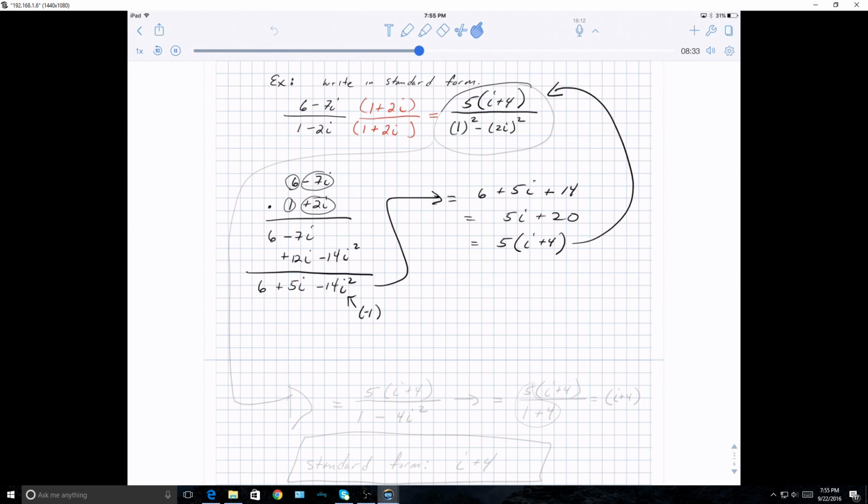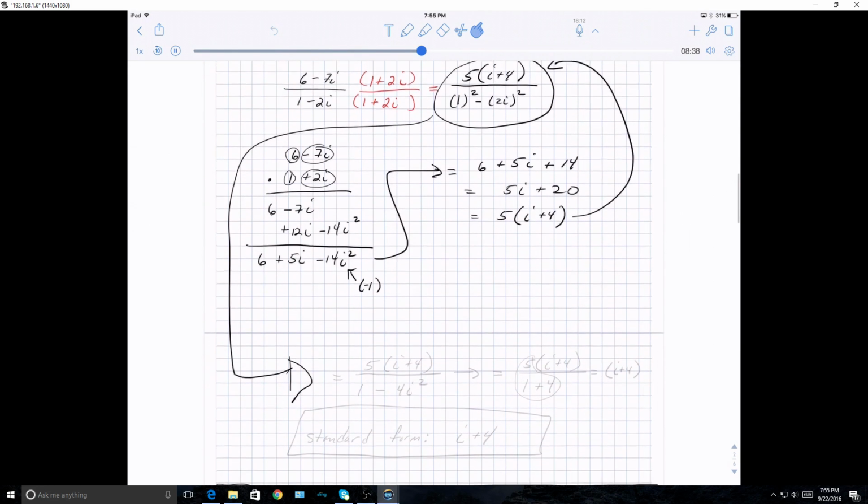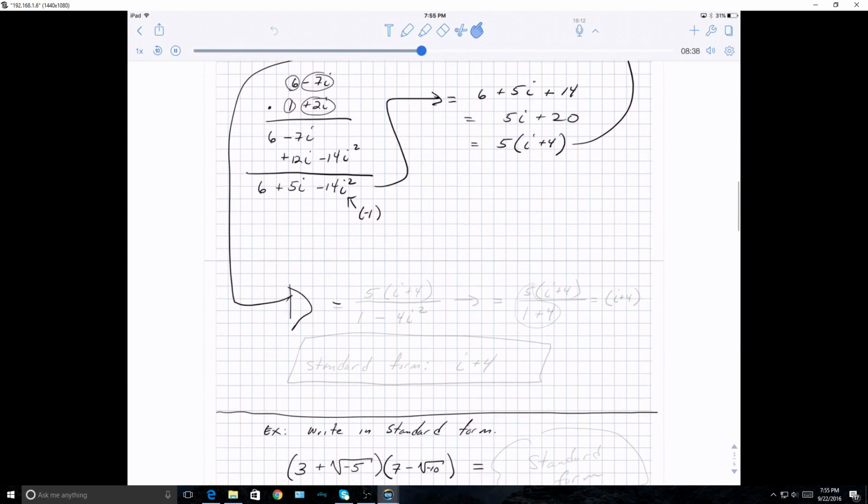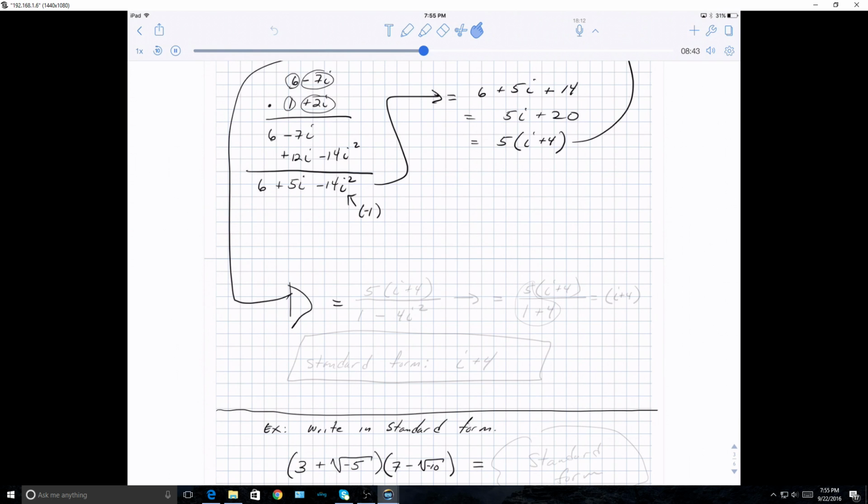Alright, so let's do a little more number crunching on this, just to make it nicer and more simplified. So what we have at this point, writing it in standard form, is going to equal 5 times i plus 4. Now that might have been an unnecessary move, but maybe not. We'll see. And the denominator will just be 1, because 1 squared is that, minus 4i squared.